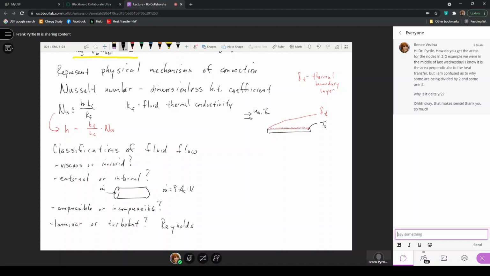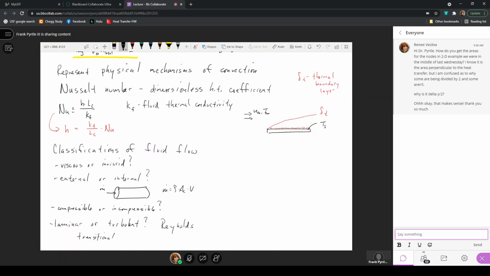For certain sets of conditions, the fluid can be considered not laminar and not quite fully turbulent. We consider it also to be what's called transitional. And that transitional just says that the fluid flow can alternate between having characteristics of a laminar flow and of a turbulent flow.